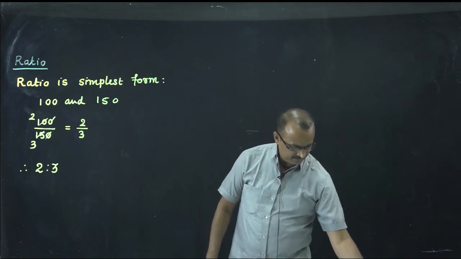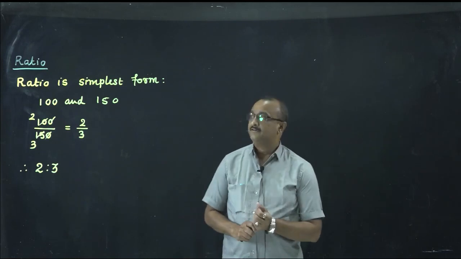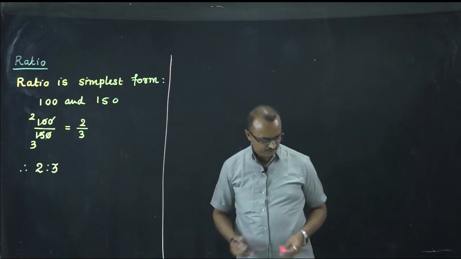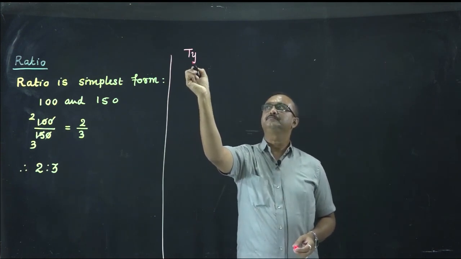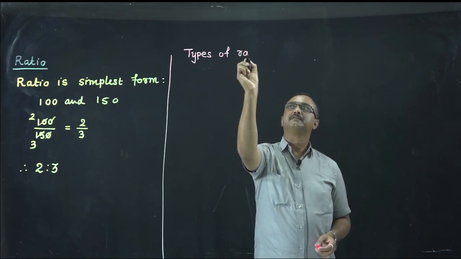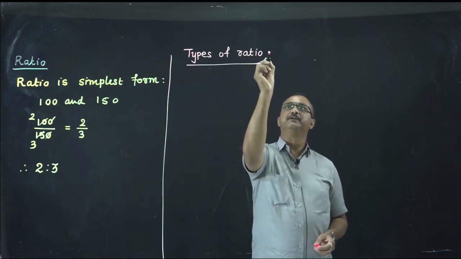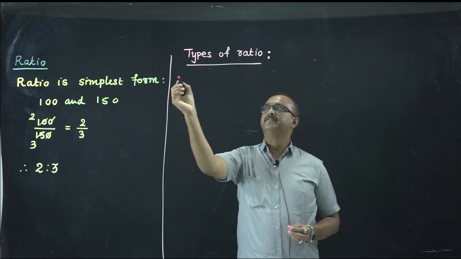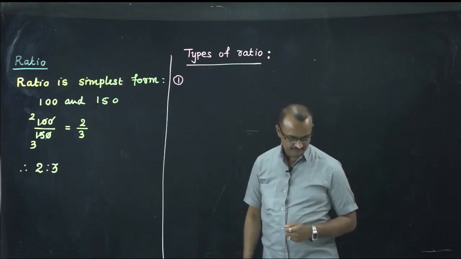Okay, so it is a very easy chapter, and now we are going to discuss properties of ratio or types of ratio. It is a very important point in this chapter. First, we discuss duplicate ratio.